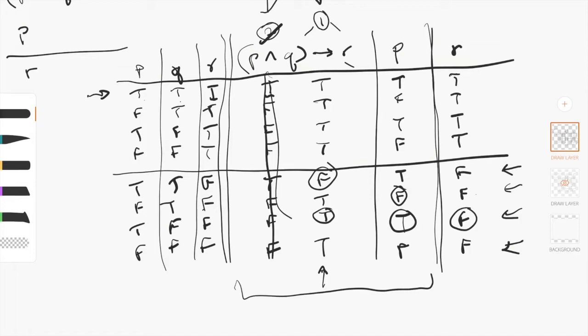So let me explain the theory behind this one more time. Since these input values exhaust all the possible combinations of truth values that these expressions could have as inputs for P, Q, and R, it means that there's no other situation in the world that could happen as far as these combinations of truth values. In other words, this is the whole range of possibilities.